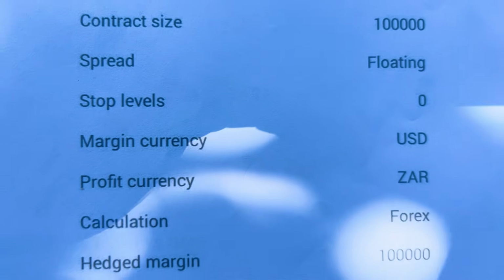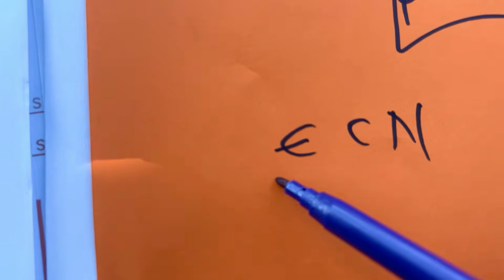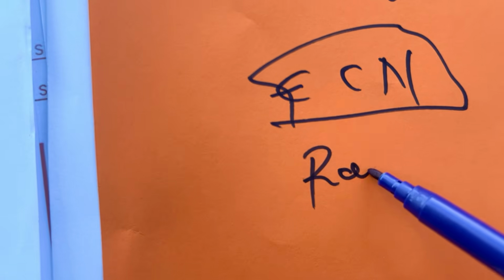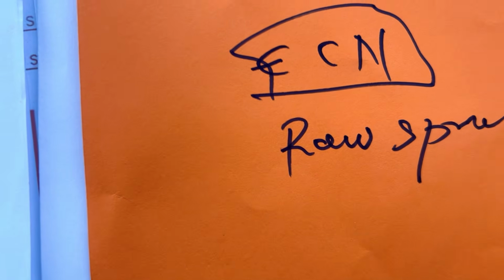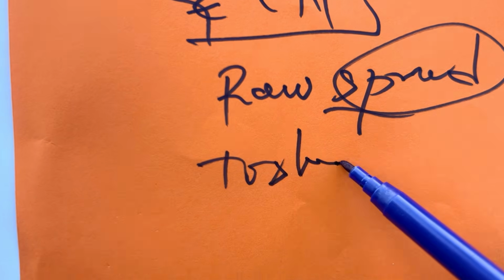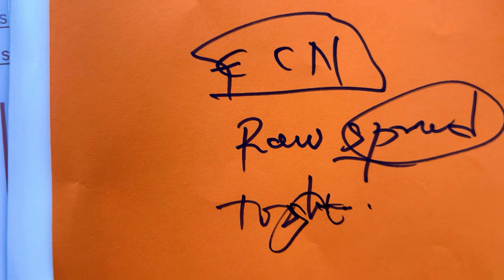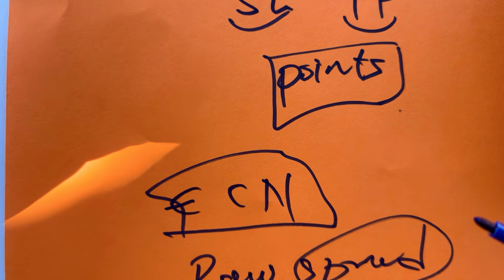We have stop levels. Stop levels here, it's 0. Why is it 0? It's 0 because I'm using an ECN account, which is a raw spread account. The raw spread represents that it is a tight spread, meaning that the spread that is there is so tight that I can actually execute a trade in just a few points.